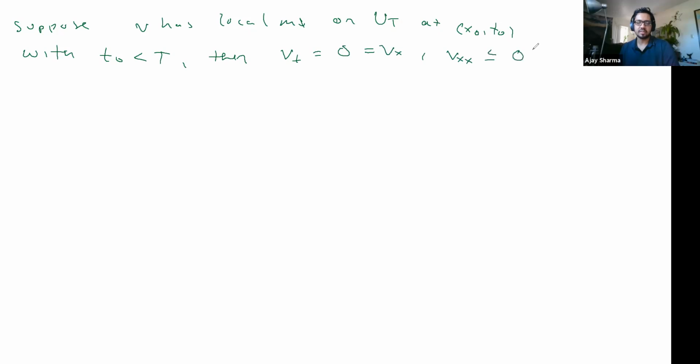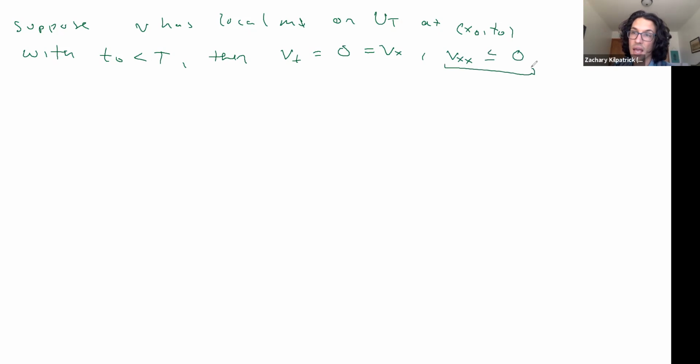Oh, v_xx? It's less than or equal to 0, right? You could have the second derivative be 0, like a quartic function at 0. So we can only say it's less than or equal to 0. That's why we have to deal with this construction.